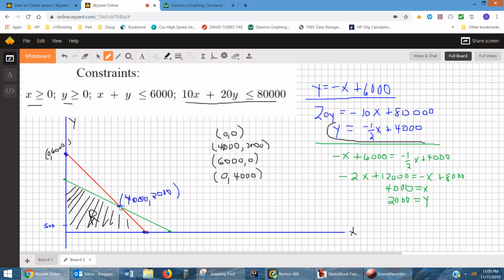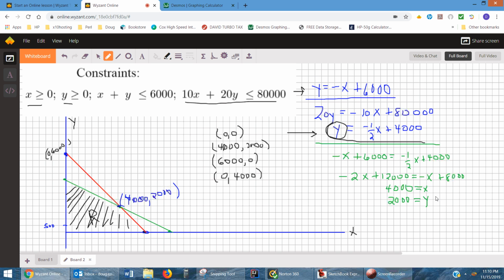And by the way, how did I find this point right here? I solved this system of equations, this one and this one, and I used the substitution method. So I substituted negative x plus 6,000 in for this y, and I got this equation. I multiplied every term by 2. I added 2x to this side, subtracted 8,000 from this side.